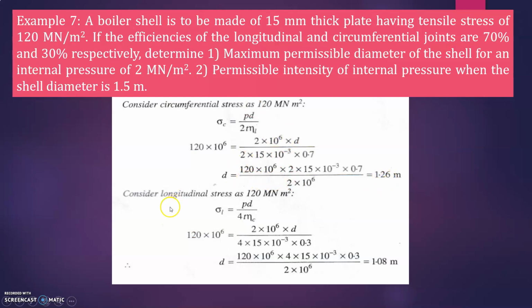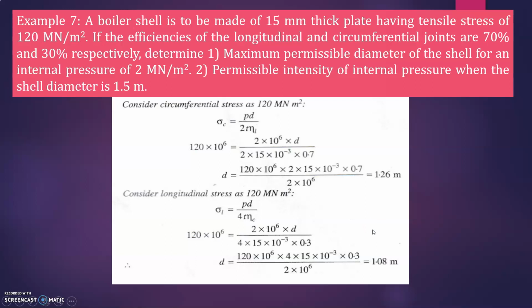Then again consider the longitudinal stress as 120 MN/m². Calculate σL equal to PD divided by 4T into the efficiency of the circumferential joints. Substitute here, and you get D equal to 1.08. Which one do you have to consider now, 1.26 or 1.08?